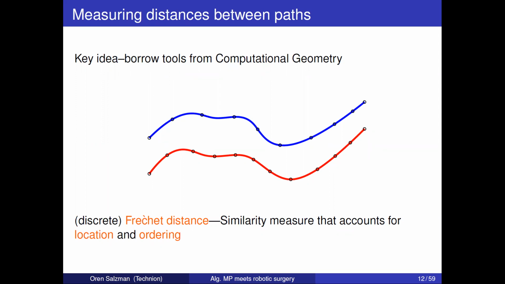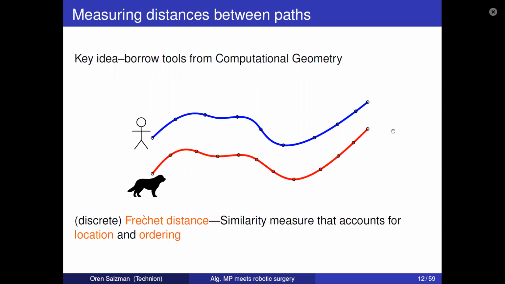So a typical explanation of how the Fréchet distance is defined, and I don't have the time to explain why it's the best metric that we found here, is using the analogy of a man walking his dog. And the man is walking on his path, it's going to be the blue path in this example, and the dog is walking on his path. It's going to be the red path. In contrast to my dog, who never listens to me, this dog is well behaved. And they want to coordinate their motions so the person can take the shortest leash possible so they're still connected.